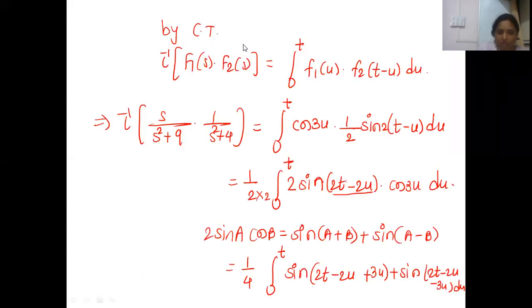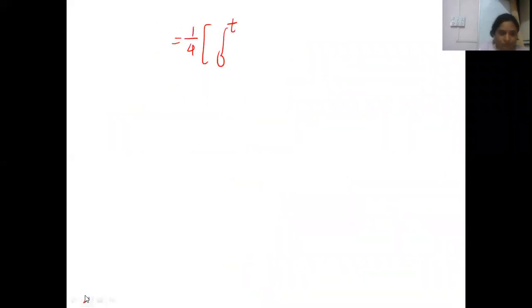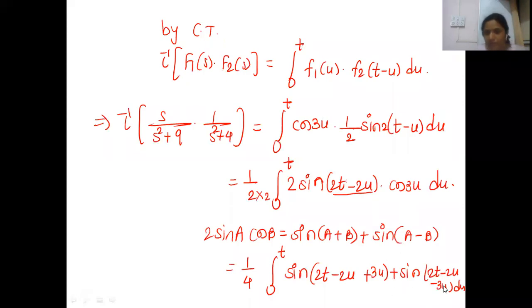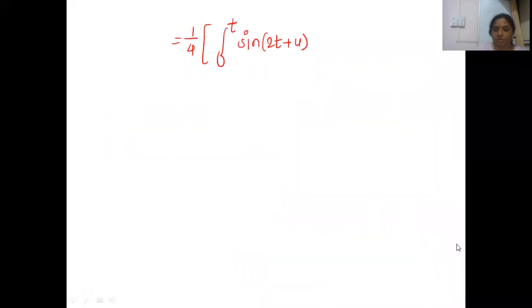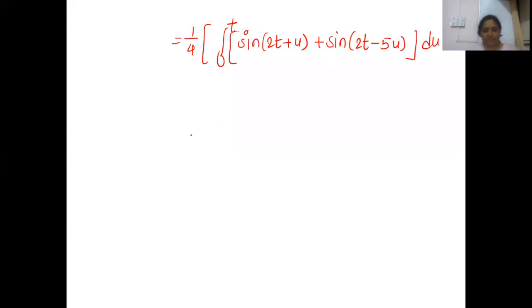Integration 0 to t of sin(2t plus u), right? Plus sin(2t minus 5u) du. Correct?